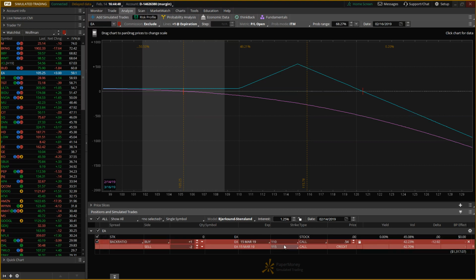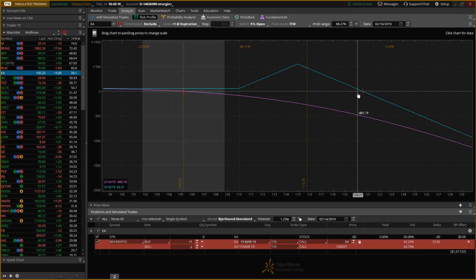So that $5 is really going to cover that extra short call for another $5 to the upside. So that short call is going to continue to lose money for another $5, all right? But we also got this 54 cents that we collected at the beginning, which puts our break even just slightly higher than that 120 strike. So 120.54.